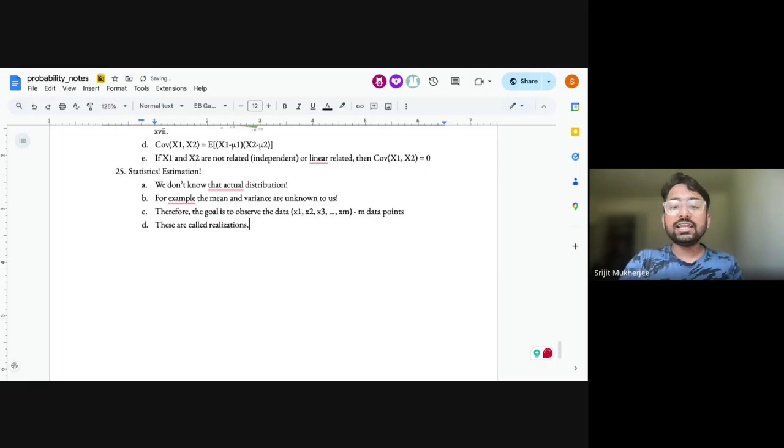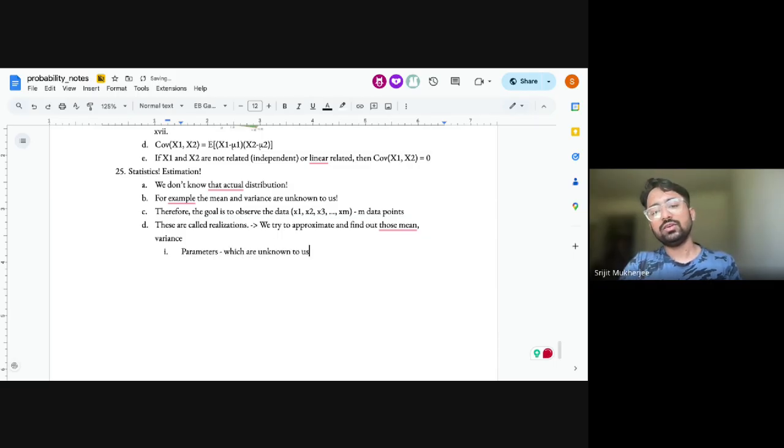And then we try to approximate and find out those mean and variance, which we also call parameters, which are unknown. These are similar to the parameters in a neural network, or in a Markov chain or any other model.